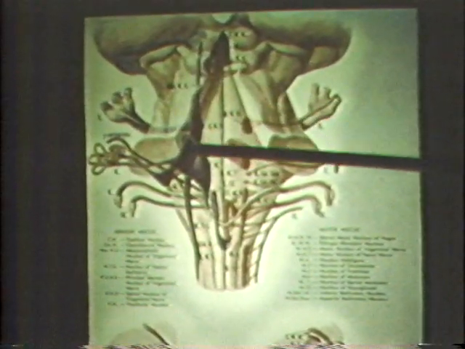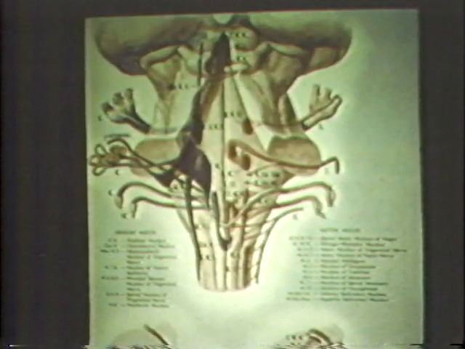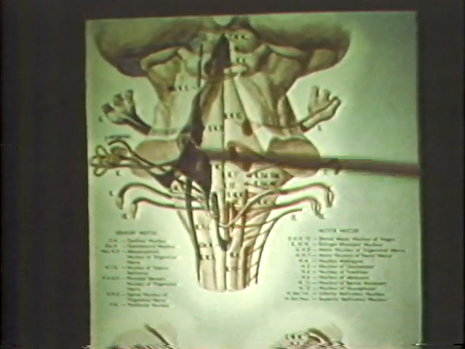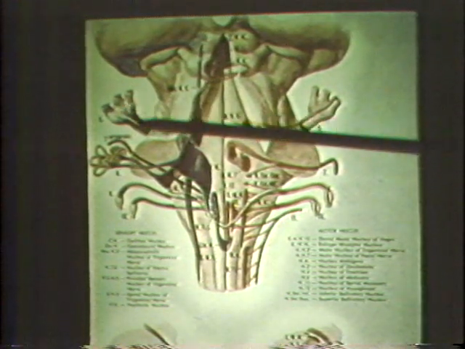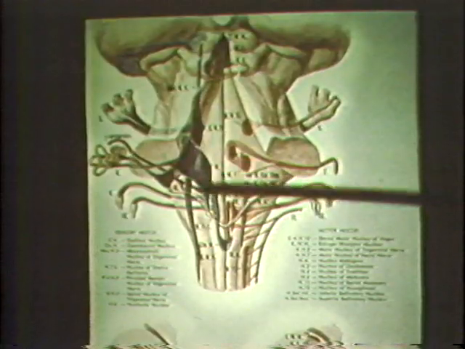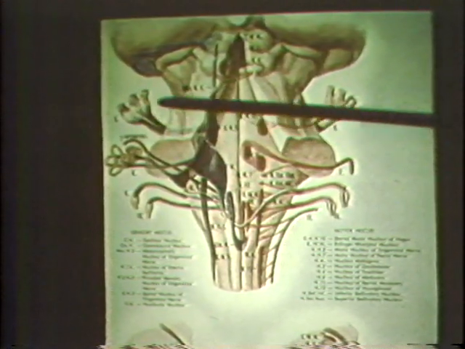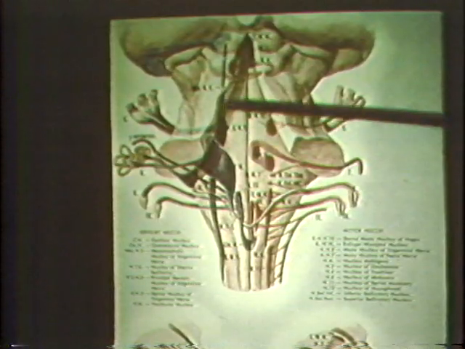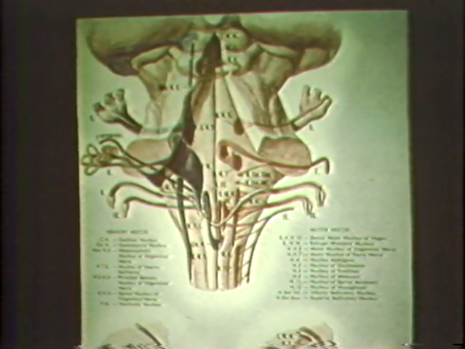The area of the brainstem which receives information from the trigeminal system is called the pons. We have on one side, in blue, the sensory portion of the trigeminal system, which consists of the Gasserian ganglion, the principal sensory nucleus of the trigeminal, and the spinal nucleus of the trigeminal.